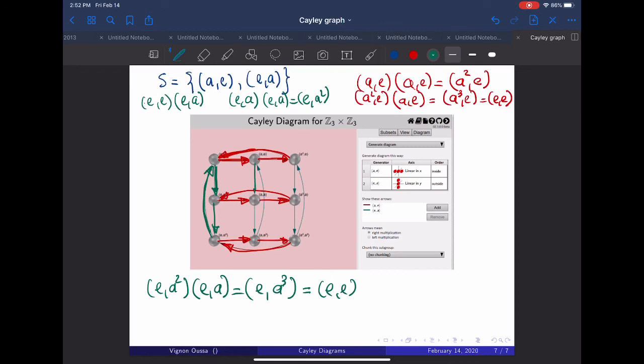Again, similar calculations show this arrow. For the last one, if you take A square E times EA, we're going to get A square A. So we are here. If we multiply A square A times EA, we'll get A square A square.